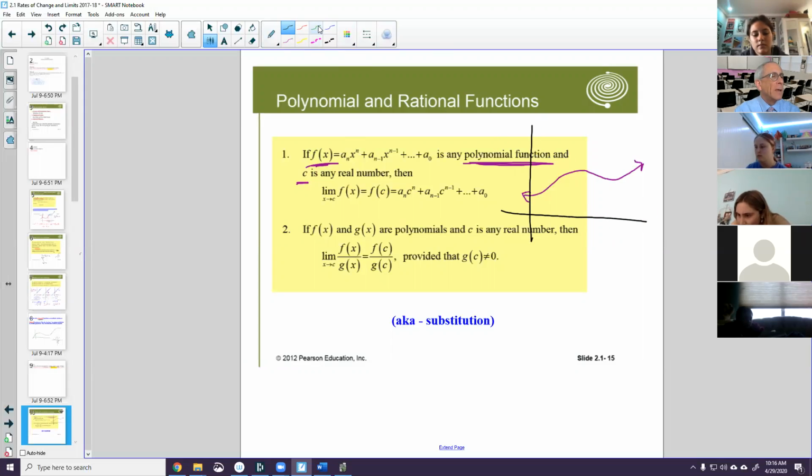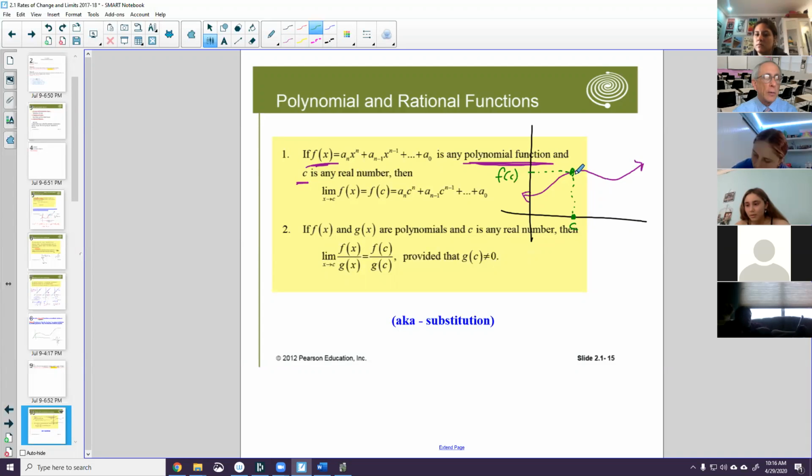If I take any real number c, so any number on the x-axis, here's my c, and I go up to my function here, and I find out that this is f of c.